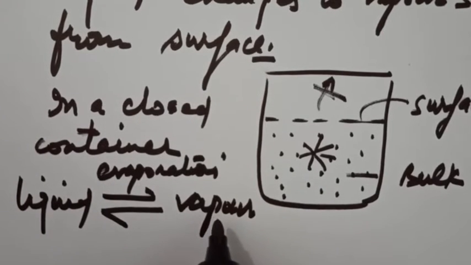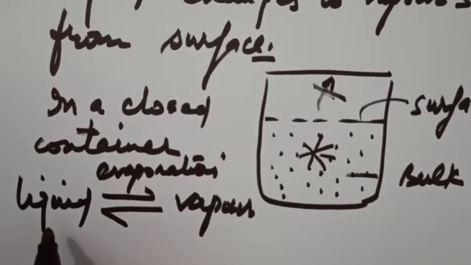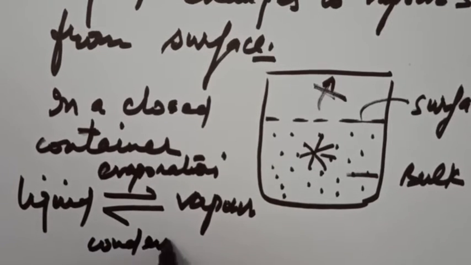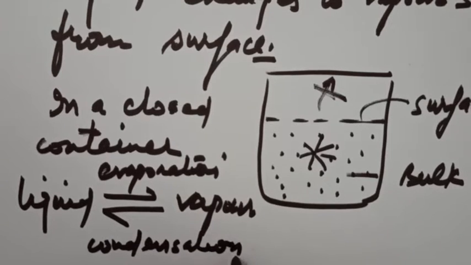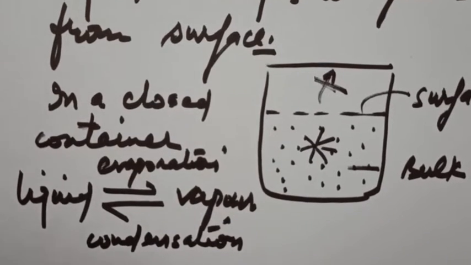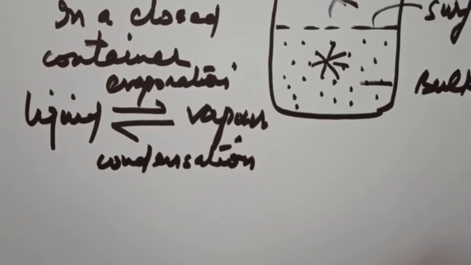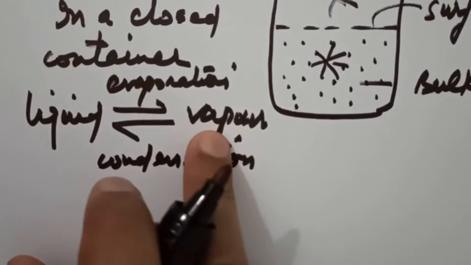When the vapors again change into liquid state, it is known as condensation. An equilibrium will be achieved in a closed container between liquid and its vapors.